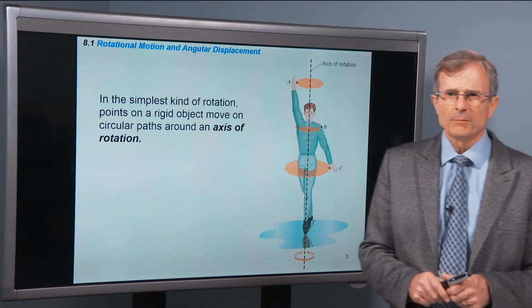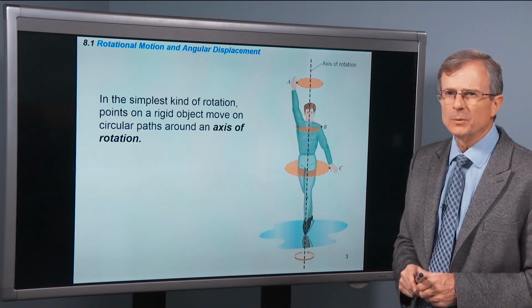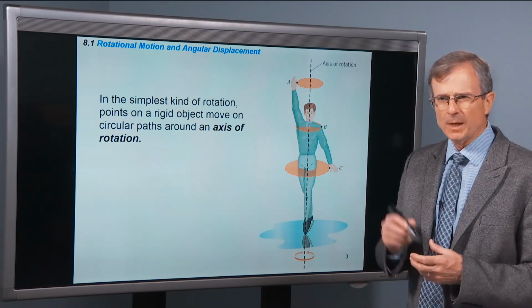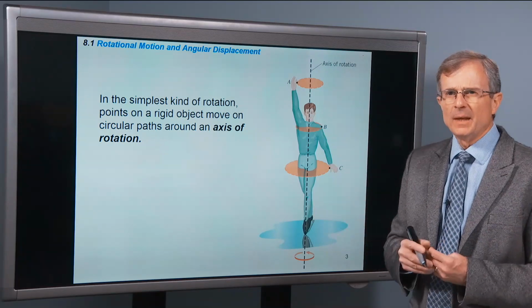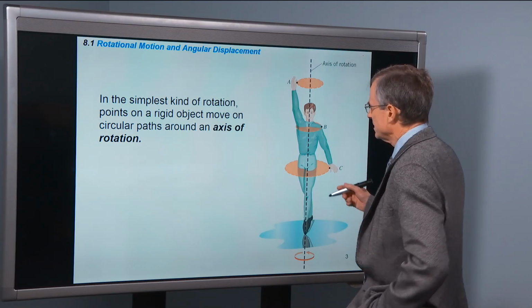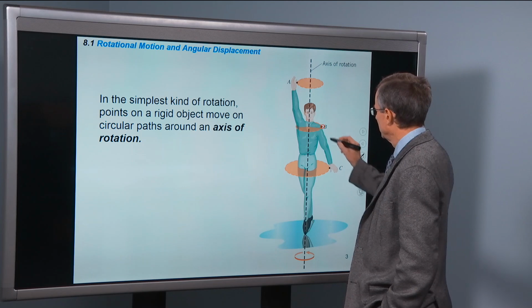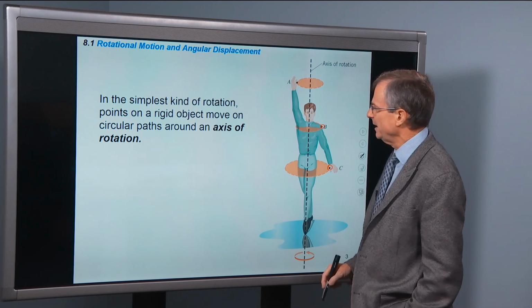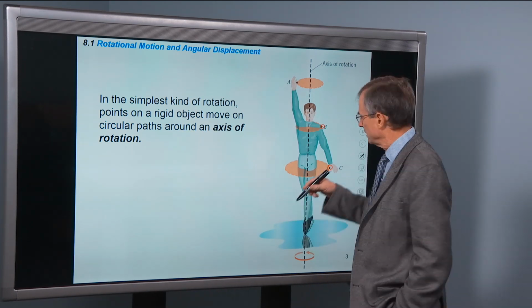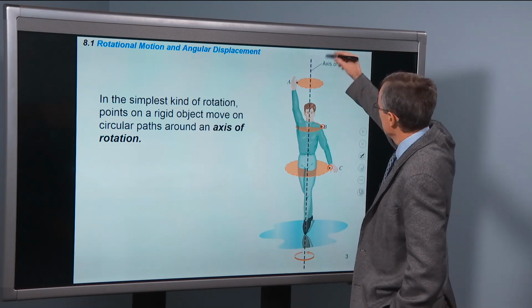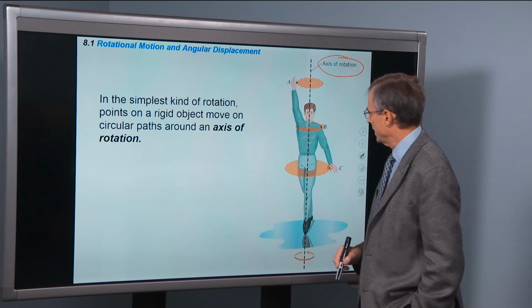The simplest kind of rotation is one where we have an object that rotates and the points on the object rotate in circular paths around some axis of rotation.